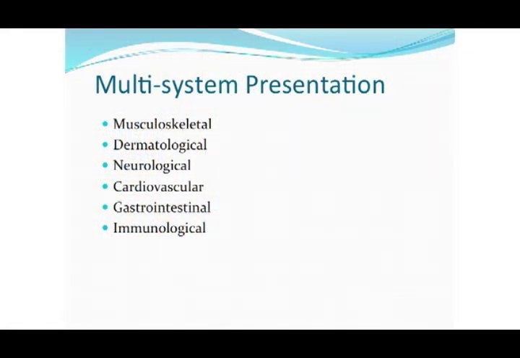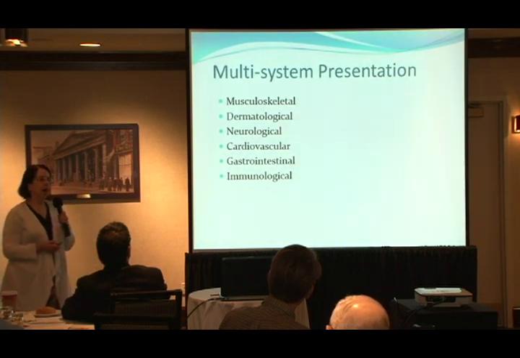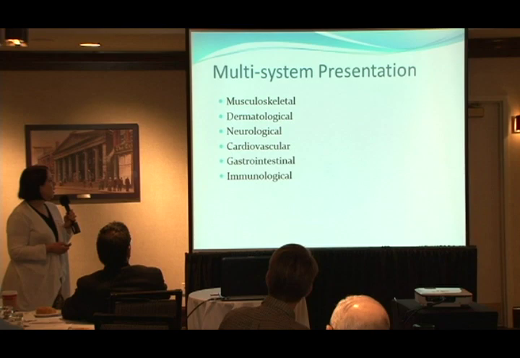So this is a truly multi-system presentation, and affected persons have musculoskeletal, dermatological, neurological, cardiovascular, gastrointestinal, and immunological manifestations that can, as Barbara was saying, profoundly influence their quality of life.